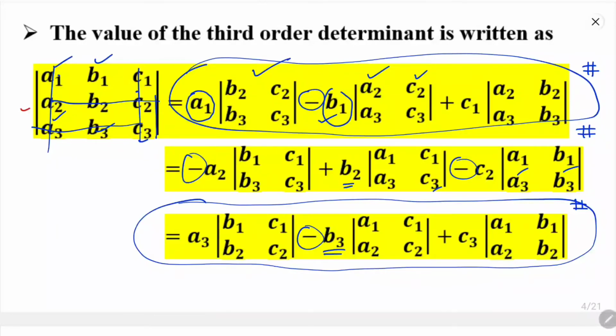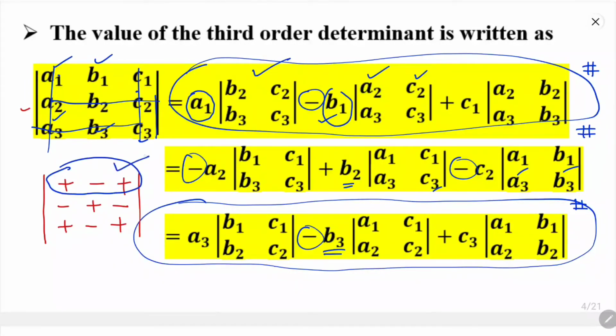So for this you have to remember one arrangement of signs in a determinant: plus minus plus, minus plus minus, plus minus plus. If you are expanding using the first row, then you have to consider this. If you are expanding using the second row, you have to consider this sign.